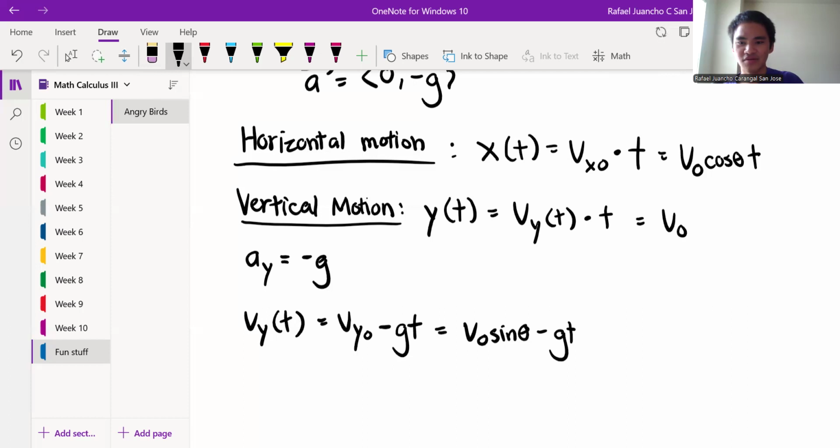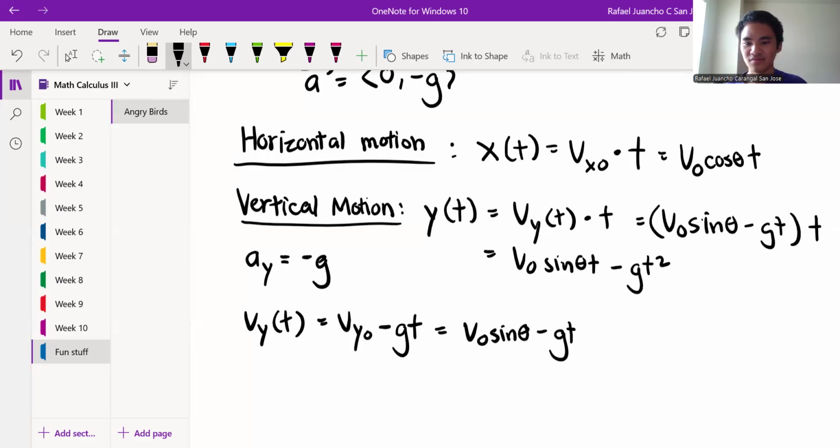So this is V naught sine theta minus gt, which we multiply by t. And so we have V naught sine theta t minus gt squared. But then, where did the minus one half come from? I don't know. We're going to look that up right now.